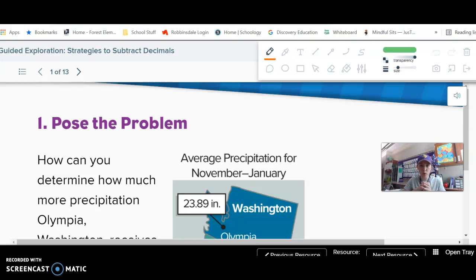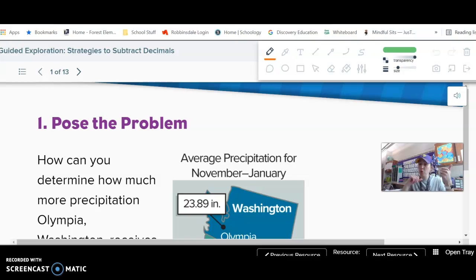One thing I want to point out is why we might estimate. If you are wanting to double check that you got a reasonable answer, that you didn't accidentally line things up wrong or forget to borrow or something, if you estimate and you see, okay, my answer should be close to 10, but then I get like 25.32 as an answer, those two are not very close.